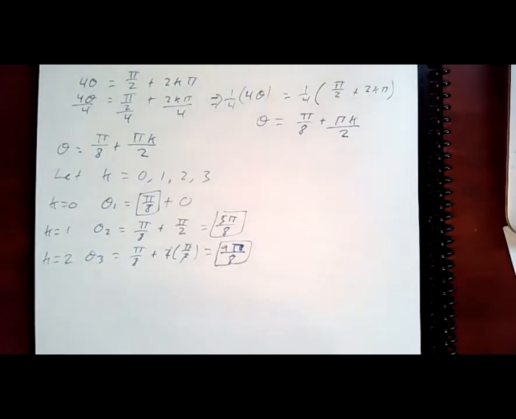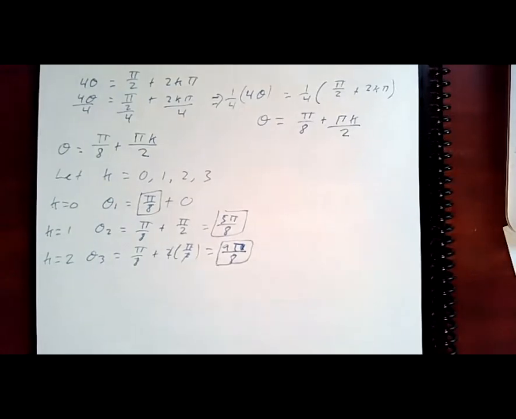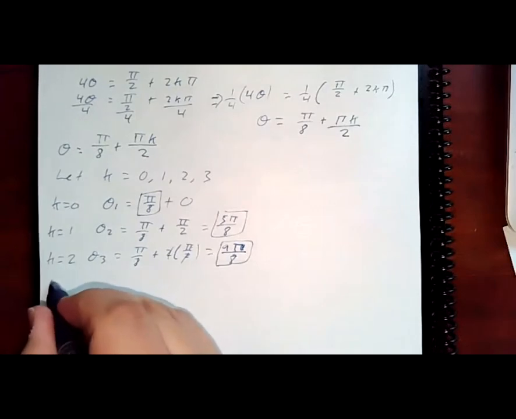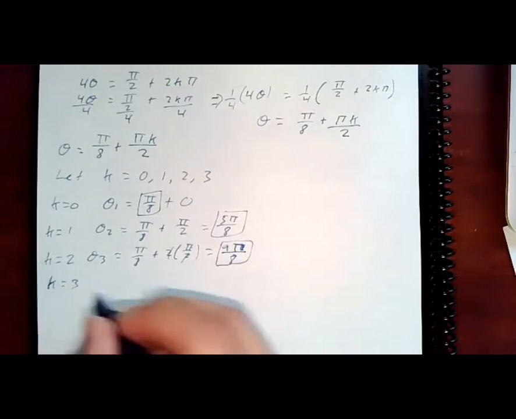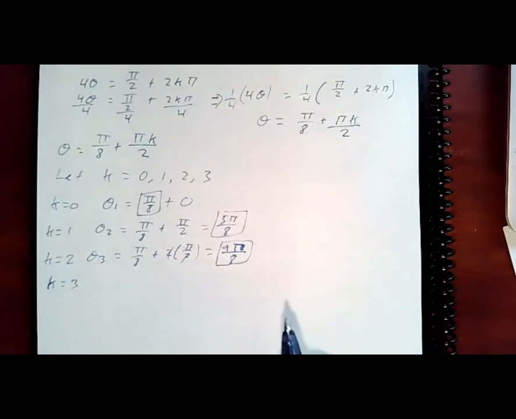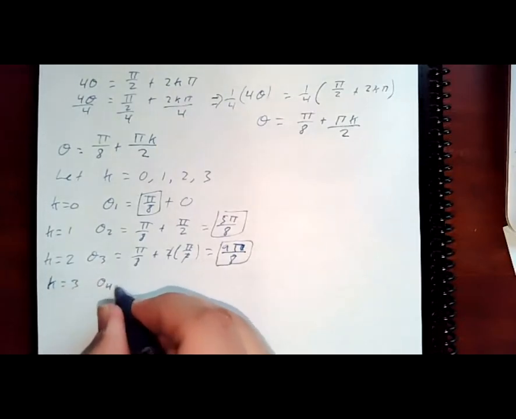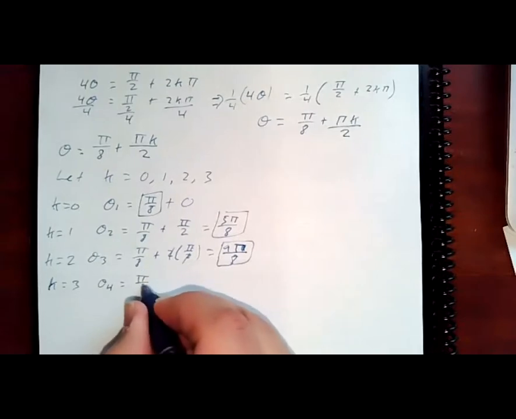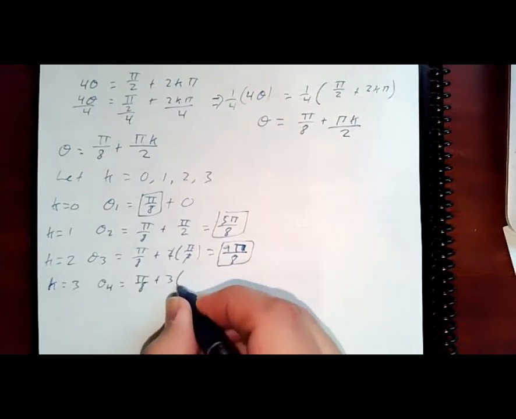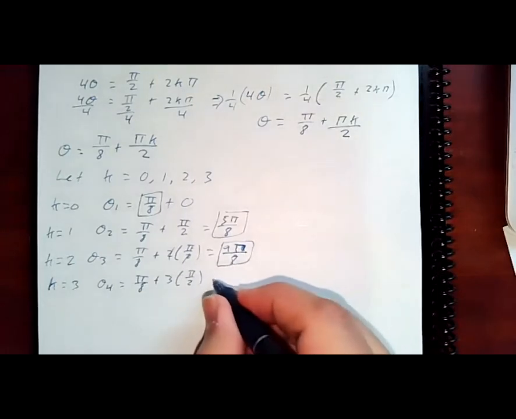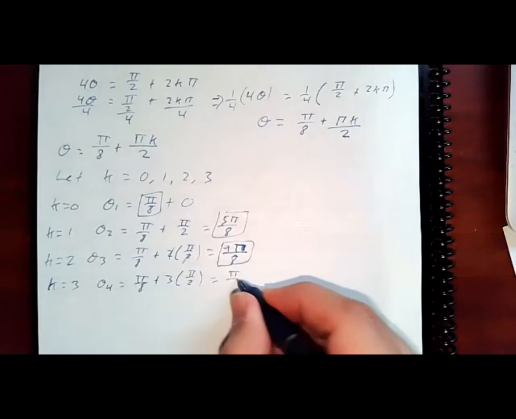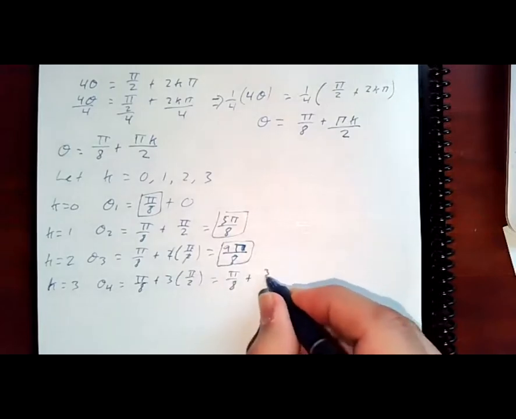All right. So since sine 4 theta is 4 times faster, we have to find all those little solutions. So in case 3, which is the last one, the fourth solution would be pi over 8 plus 3 of these. This time I'll show my fractional work, just so you know what I'm doing.